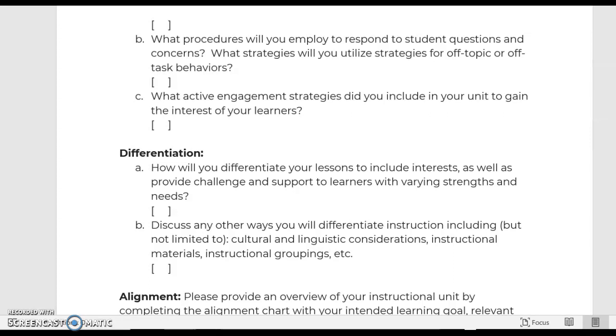If you have students who are showing off-topic or off-task behaviors, how do you get them back onto the topic or the task at hand? Are there any strategies that you employ? And then indicator C is asking about active engagement strategies. So what did you include in your unit to make sure that you were gaining the interest of your learners?